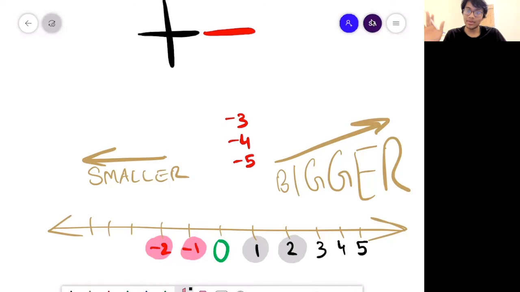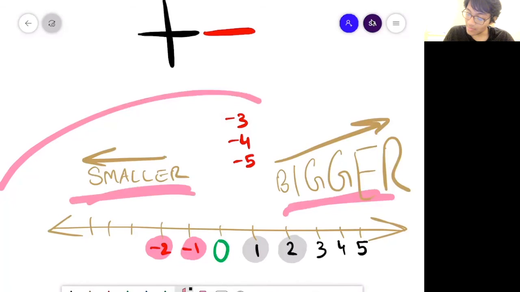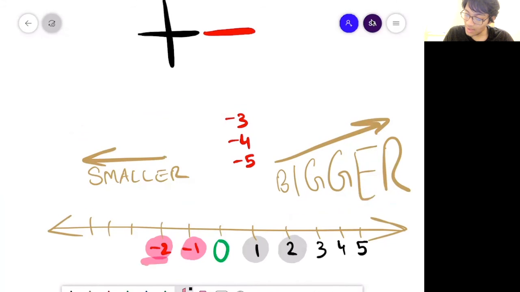A lot of kids get confused. Hey, 2 is bigger than 1, so -2 is bigger than -1. But be careful. Look, bigger numbers this way, smaller numbers this way. -2 is to the more left of -1. That's why it's smaller than -1.